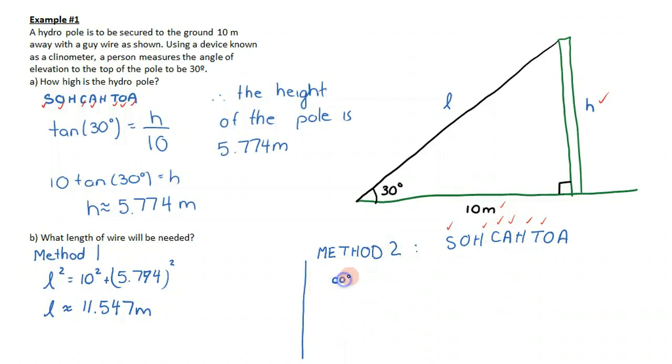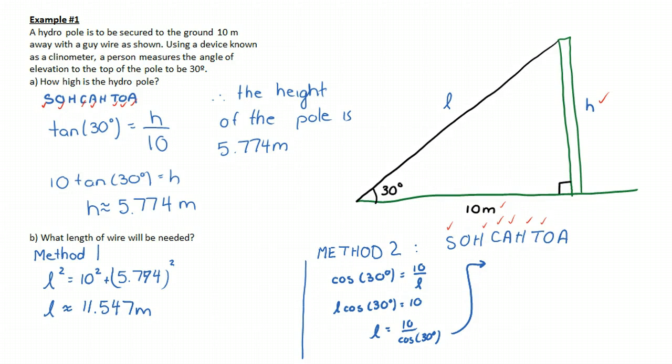So cos of 30 degrees is equal to the adjacent, which is 10, over the hypotenuse, which is L. So L cos 30 degrees is equal to 10. So L is equal to 10 divided by cos of 30 degrees. Let's come up here. I'm just going to type that in my calculator now.